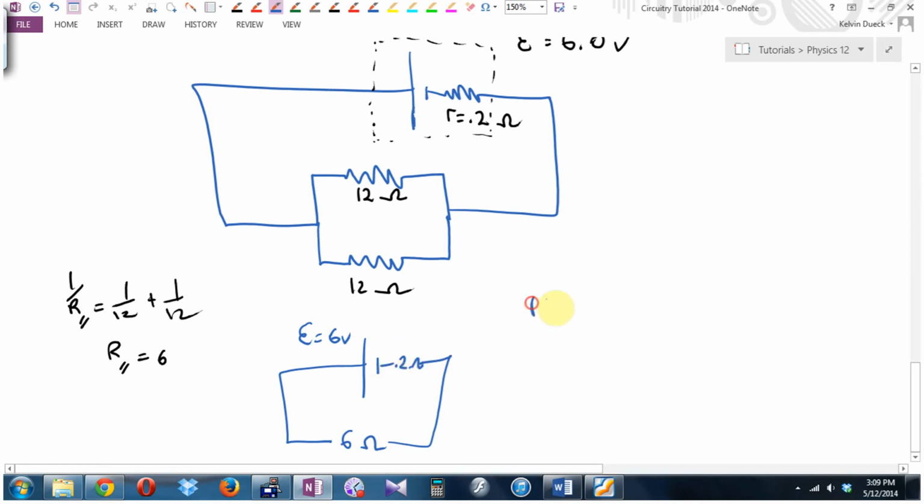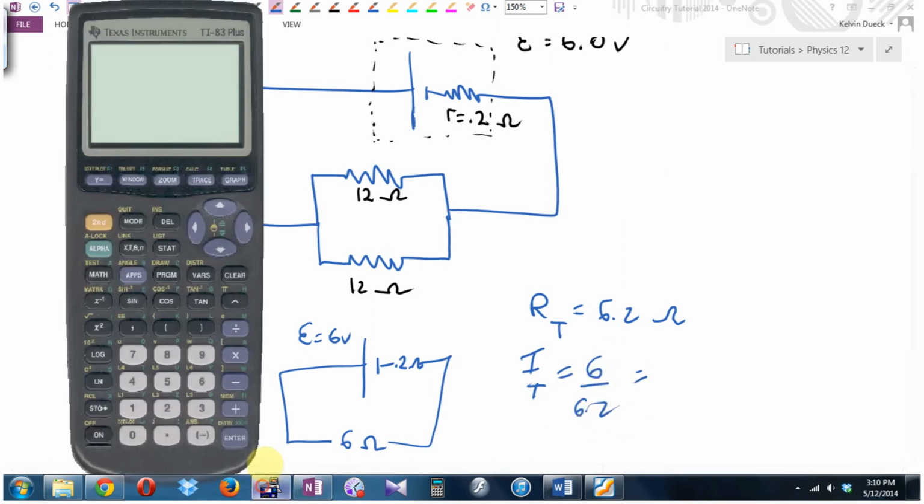So now I know our total, 6.2. I'm making up numbers, this is not going to work out nice, but such is life. 6.2 ohms, I can tell you I total. It's going to be total voltage divided by 6.2. This is not going to work out nice at all, but such is life. 6 divided by 6.2, and I get a current of 0.968 amps.